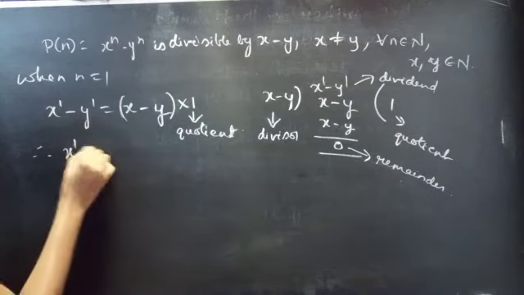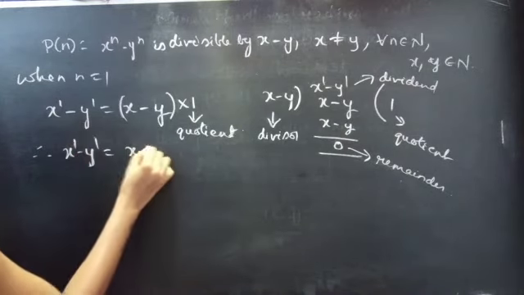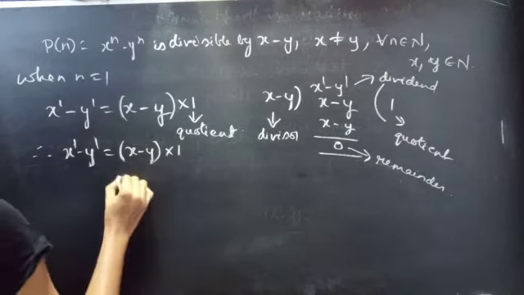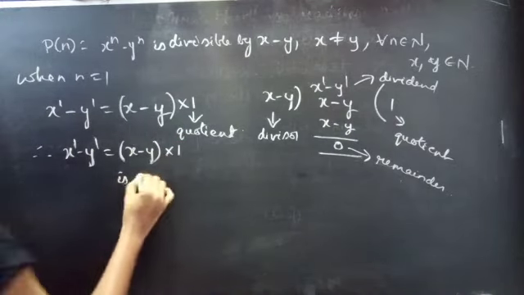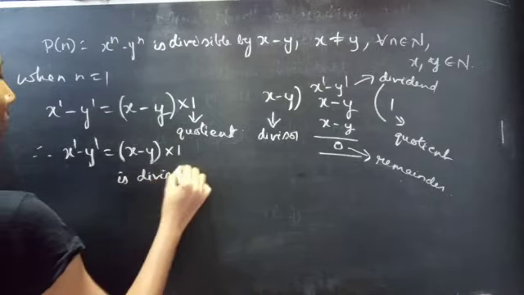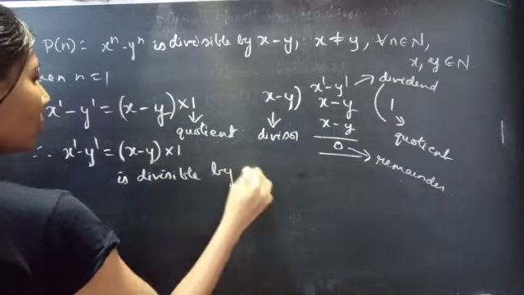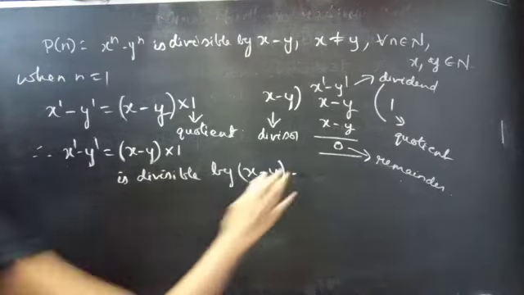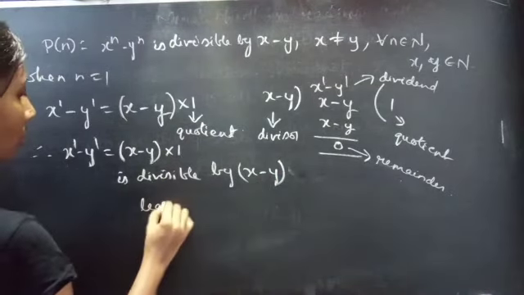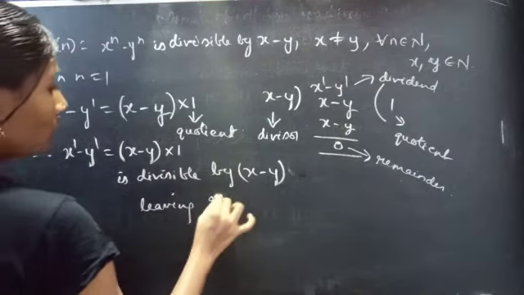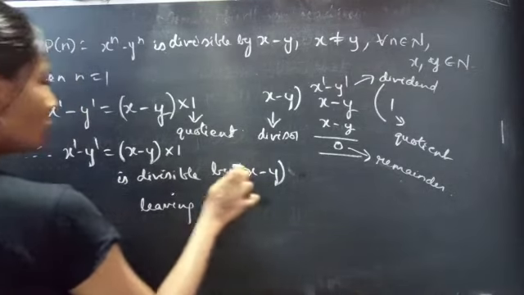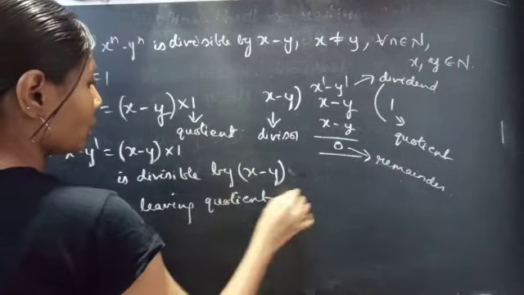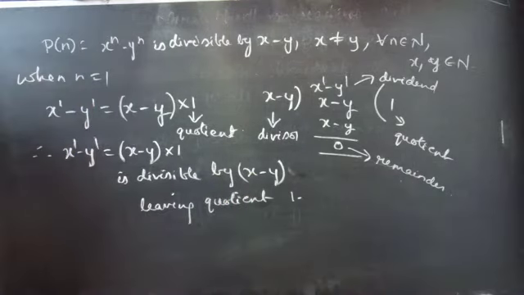Therefore, x power 1 minus y power 1 equals to x minus y into 1 is divisible by x minus y, right? Leaving quotient 1.